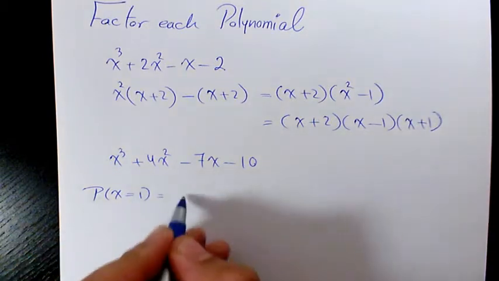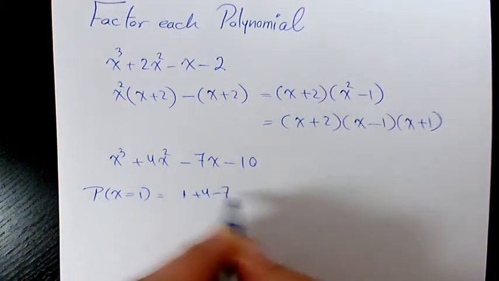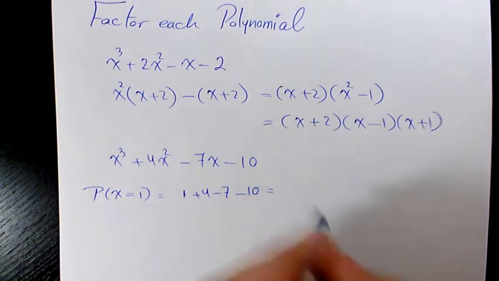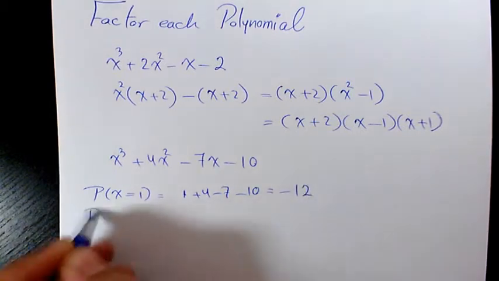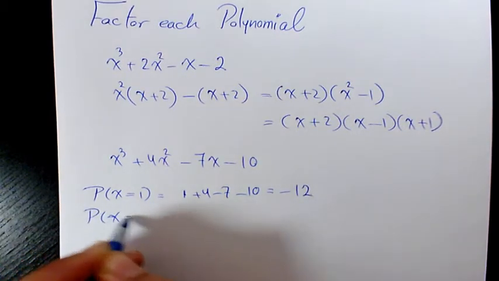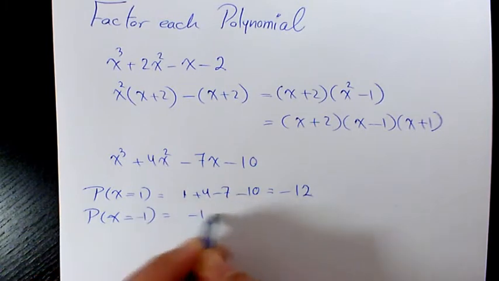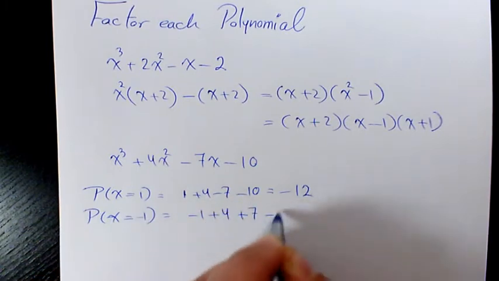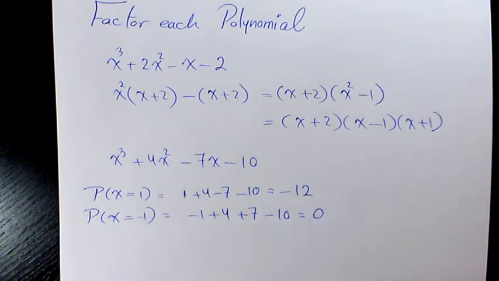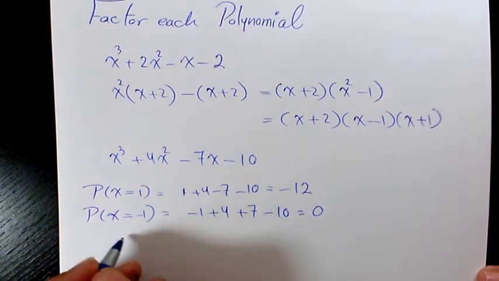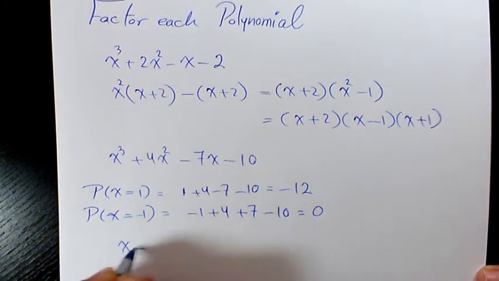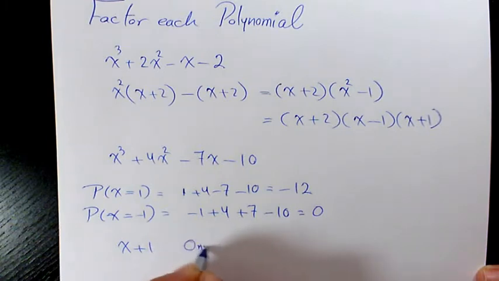When you use 1, it's going to be 1 plus 4 minus 7 minus 10, which is not going to be 0. If you use negative 1, it's going to be negative 1 plus 4 plus 7 minus 10, which is equal to 0. So x plus 1 is going to be one of the factors.